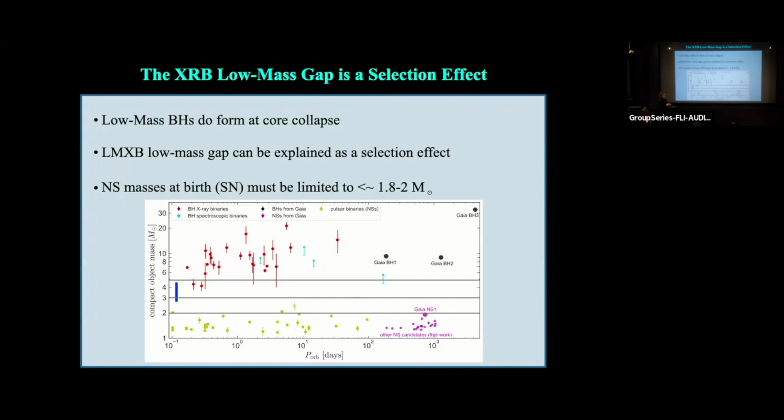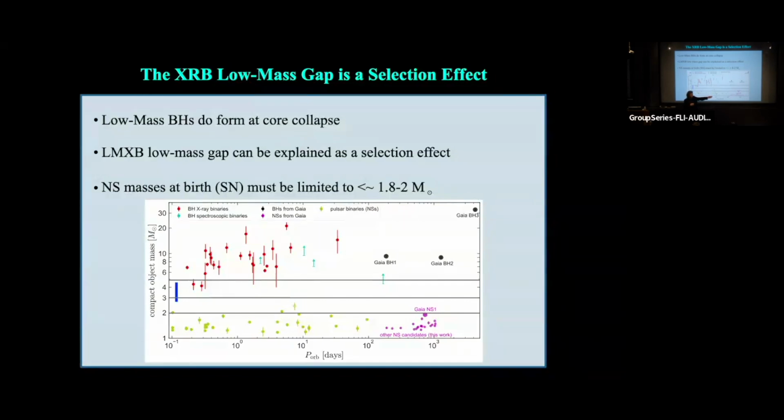So yes, we're looking at all of them, but what I'm interested in is actually to have a self-consistent model for all of them. We're discussing the neutron stars and how to explain them. Look at the neutron stars, they're all below 2 solar masses. And those are young neutron stars.